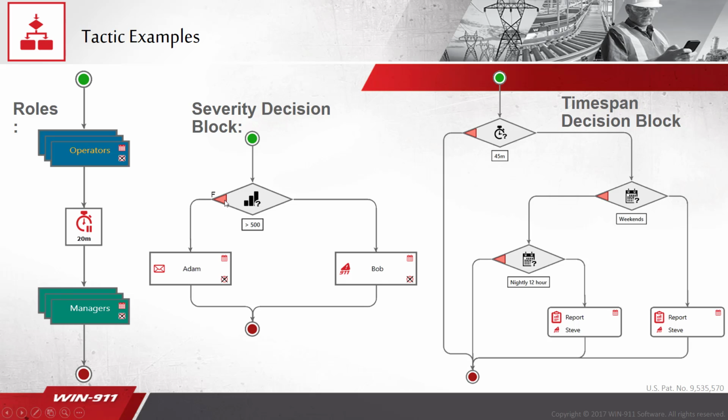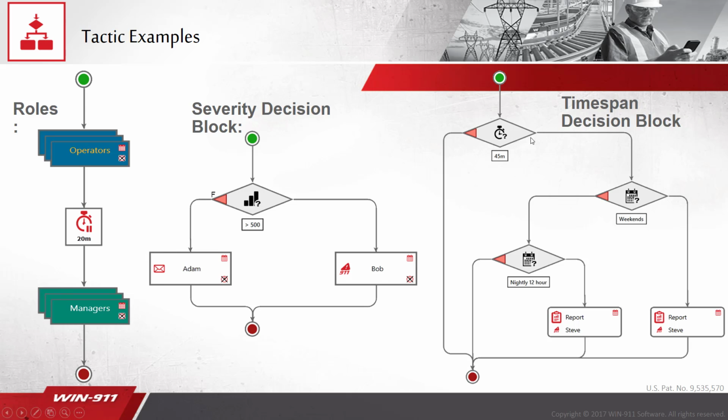I'll point out here the little red triangle means false logic. On the right, it's true logic. So this is saying if the alarm event itself has a severity of greater than 500, and that's true, you need to notify Bob through his mobile app there. Or if the severity is not greater than 500, the false logic here, we want to email Adam.